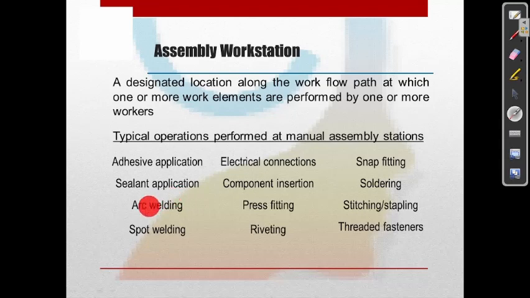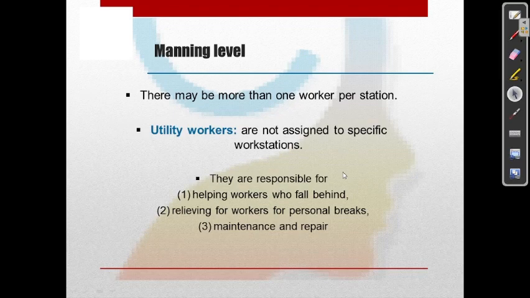Arc welding or riveting involve workers using fire instruments, so safety measures are very important in manual assembly stations, as well as in press fitting and stapling. If a worker staples something wrongly, the worker may be hurt. So these are the typical operations performed at manual stations.